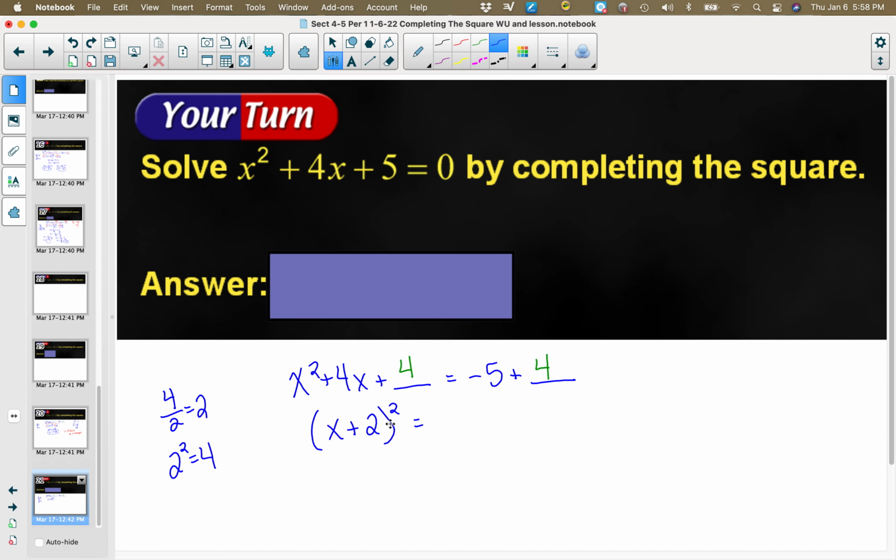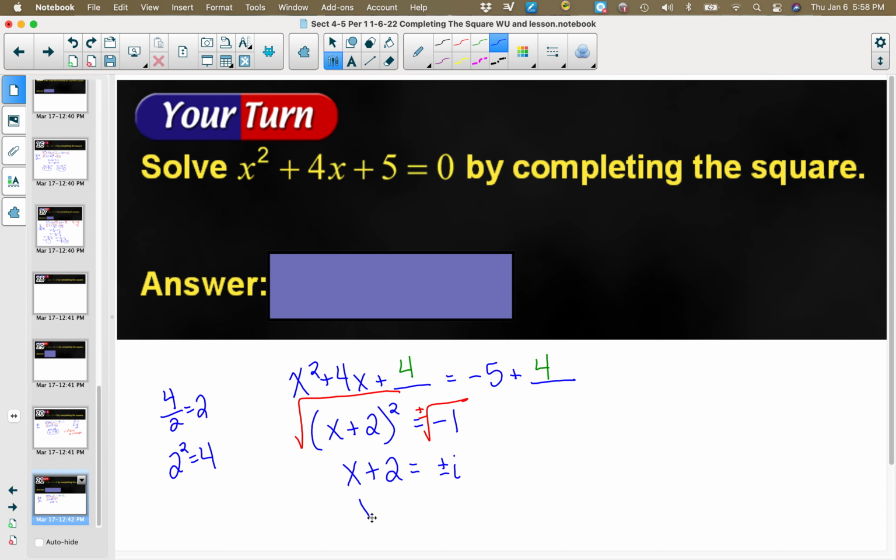Remember how to figure out what goes here. Half of 4 was 2. That's what goes there. If this is plus, this is plus. Negative 5 plus 4 is negative 1. My next step is to square root both sides. Don't forget plus or minus. So we get x plus 2 equals plus or minus, now the square root of negative 1 is equal to i, so I get plus or minus i. I don't have a radical anymore.